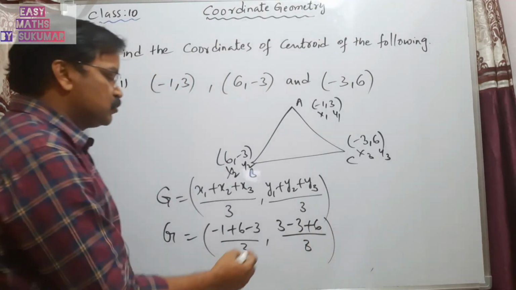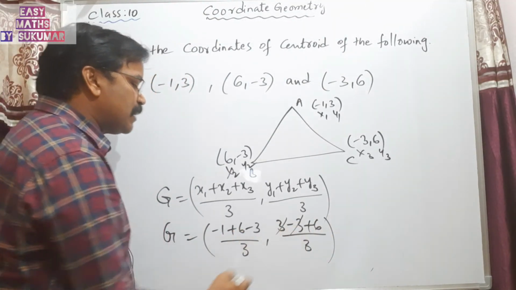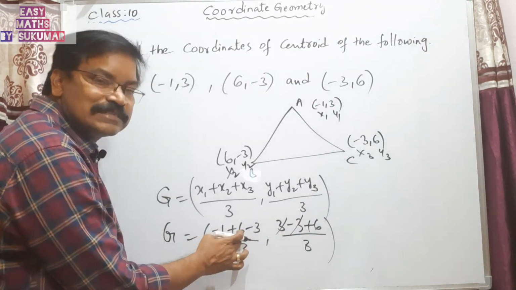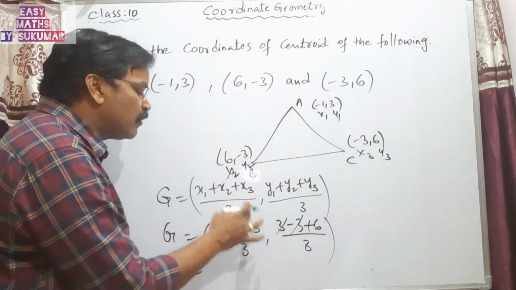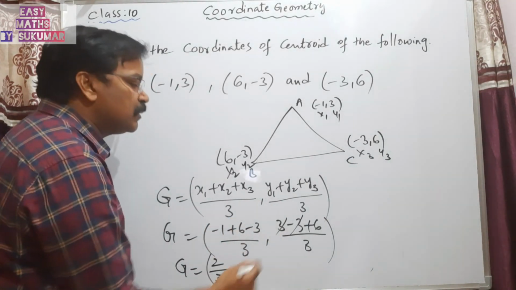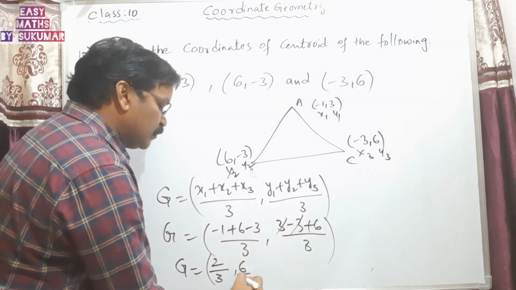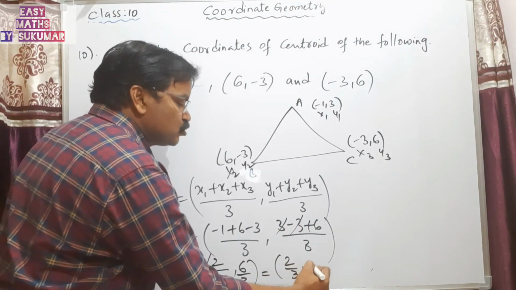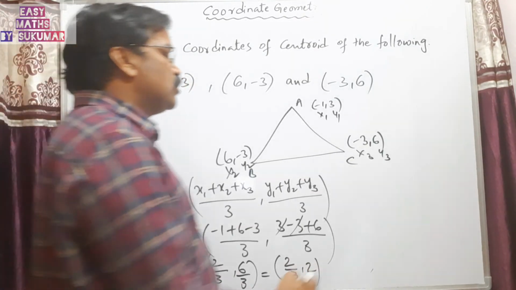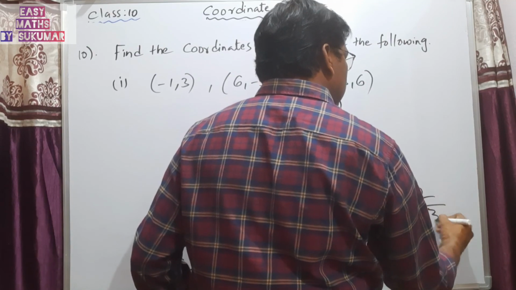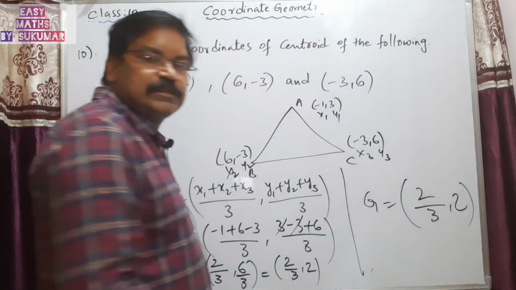Now we can cancel this plus 3 and minus 3. So G is equal to minus 1 plus 6 is 5, 5 minus 3 is 2, so 2 by 3 comma 6 by 3, which is 2. Therefore the centroid G is equal to 2 by 3 comma 2.